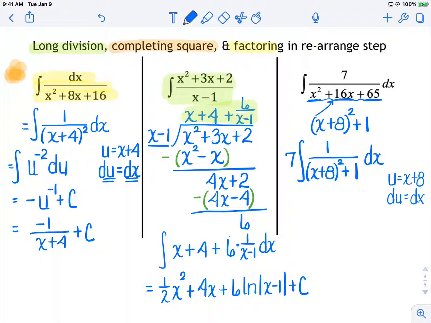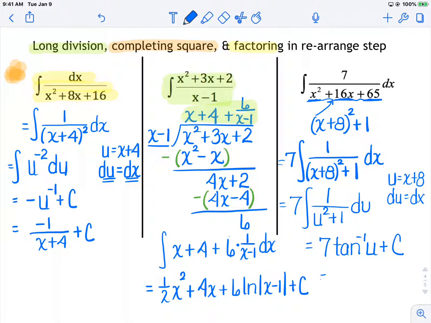And I could rewrite this, the little u substitution, as 7 times the integral of 1 over u squared plus 1 du. In doing that, I see that I could get for my integral 7 times the inverse tangent of u plus a constant. And in my resub stage, I could get 7 times the inverse tangent of x plus 8 plus a constant.